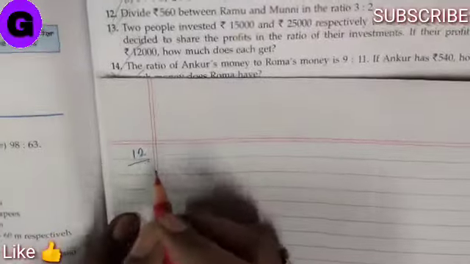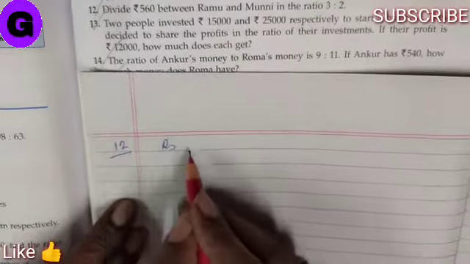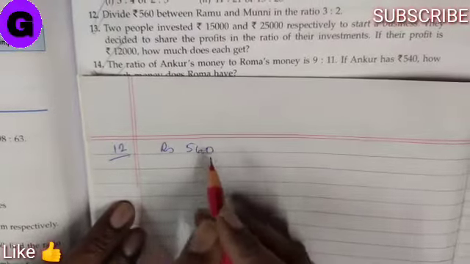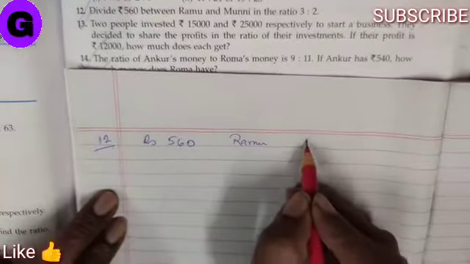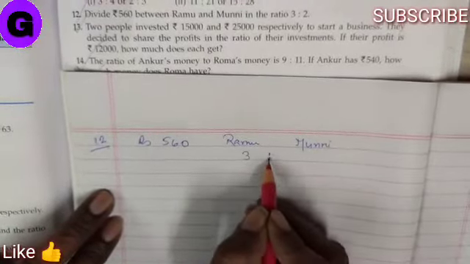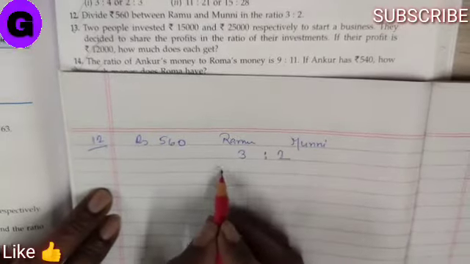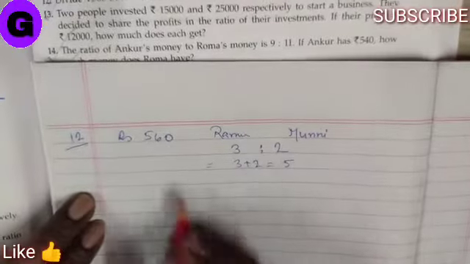Sum number 12. We have to divide rupees 560 between Ramu and Munni in the ratio 3 is to 2. Therefore total is 3 plus 2, it becomes 5.